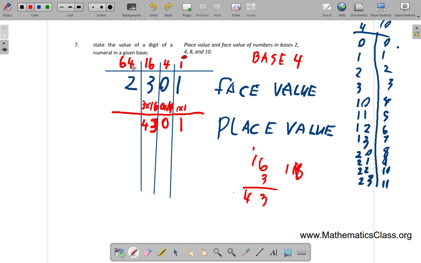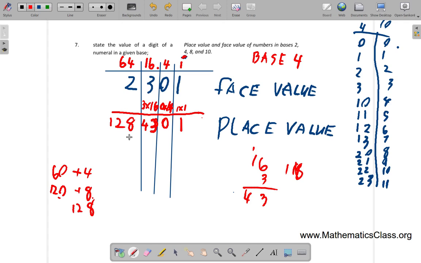And then 2 sixty-fours. What is 2 sixty-fours? You can think of it this way. 64 is 60 plus 4. Double each of these. When you double 60, you get 120. And when you double 4, you get 8. So put them back together, you get 128. So 128 is the place value of this 2.